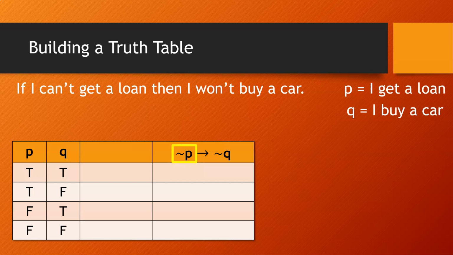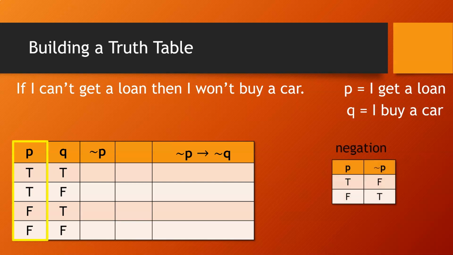One of those parts is not P. Since we don't have a column for that yet, we'll put a column in for not P. To find the truth values for that column, we'll have to use our negation table. And since we're trying to negate P, we'll look back at the P column and simply find the opposite of each of the truth values in each row. So all the trues become falses, all the falses become trues.